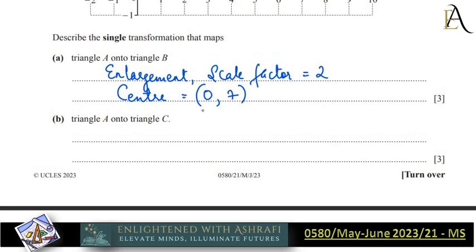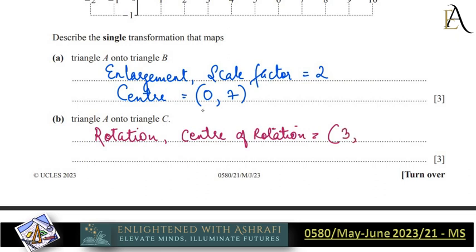So our answer over here is rotation, and the center of rotation is (3, 1), and it is 90 degrees clockwise.